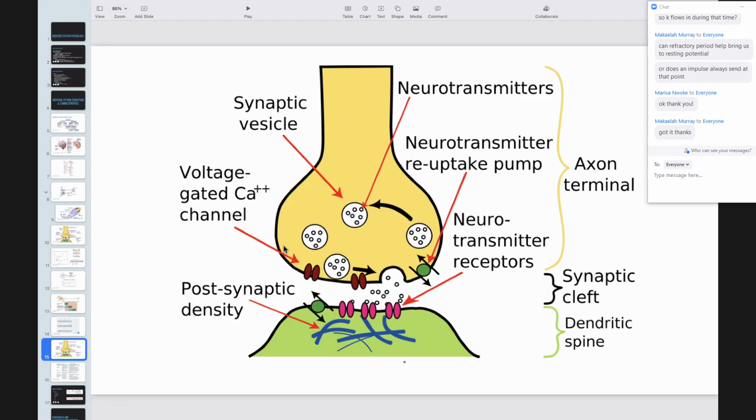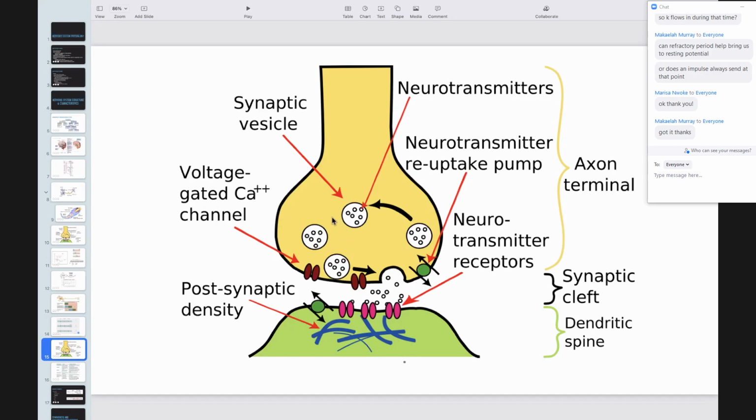It's not going to cause any depolarization. It's not causing any hyperpolarization. Those are still the sodiums and the potassiums. What's happening is the calcium channels will open up due to a voltage, right? They're voltage gated, so it needs that action potential. The calcium will rush into the cell here, into the terminal boutons. It will bind to these vesicles.